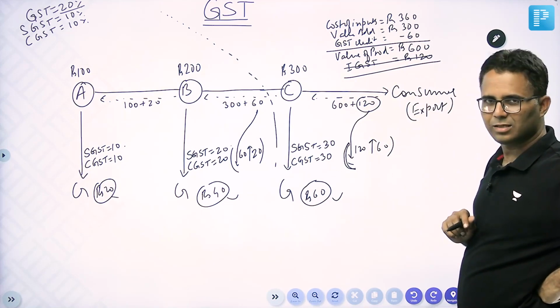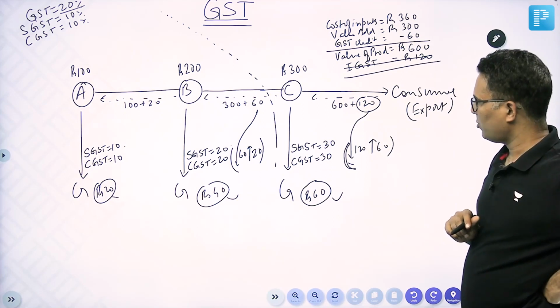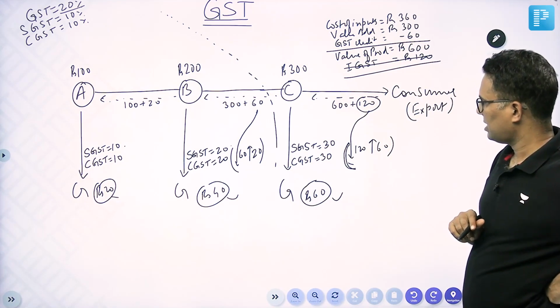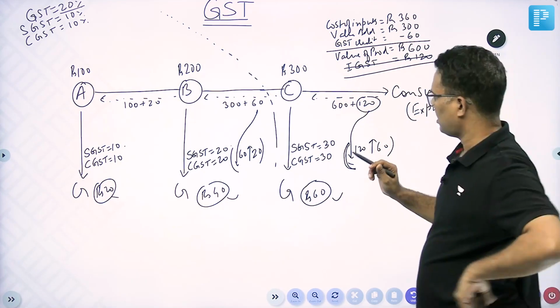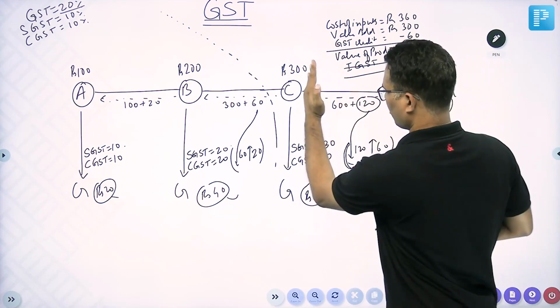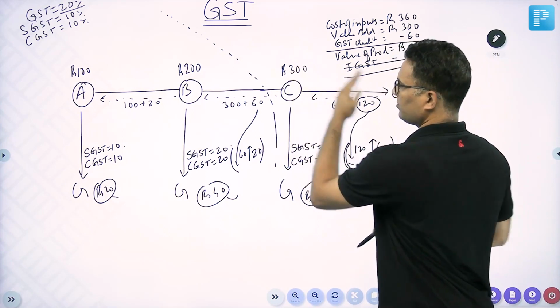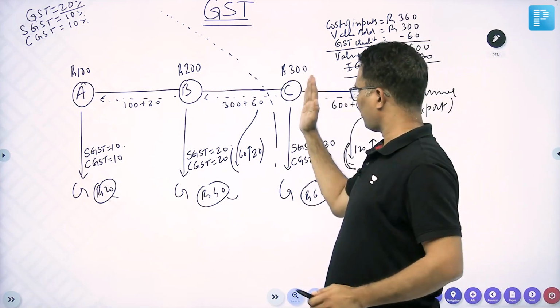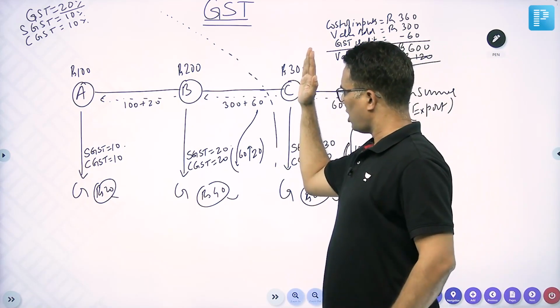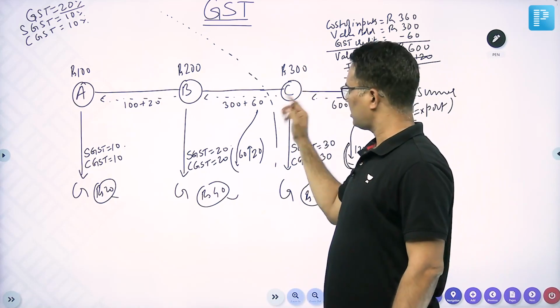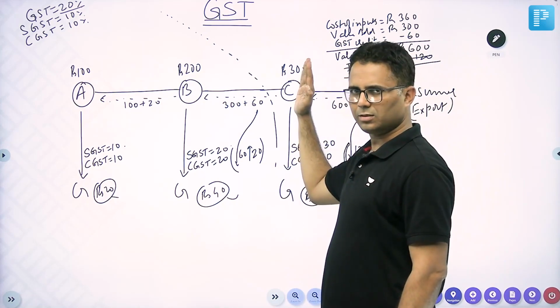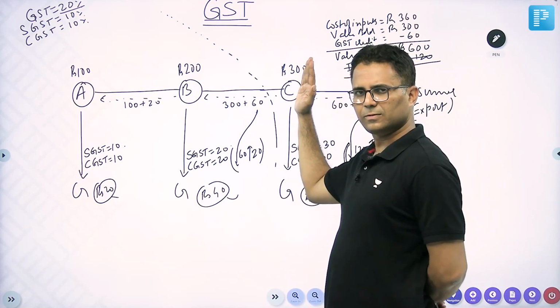then what will happen? Till this point, how much tax has C paid? Suppose C has not exported, at this point, how much tax has C paid? 60, right? C has paid 60.